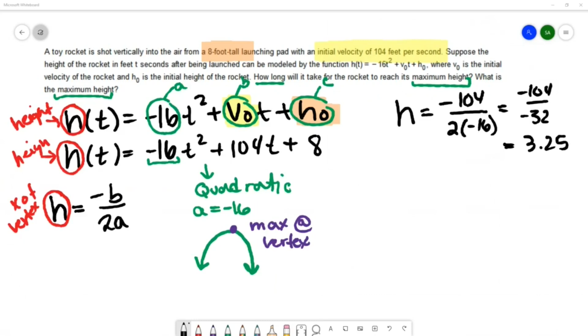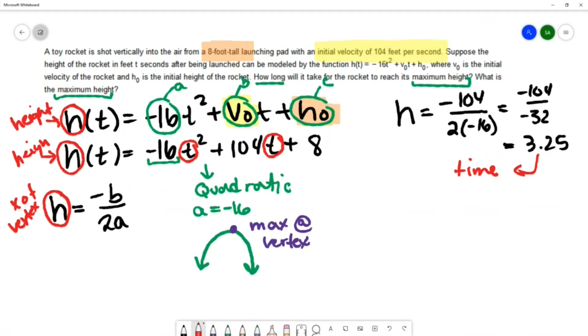So we found the x-coordinate of the vertex. In this particular problem, we're not using x as our variable, we're using t as our variable. So this represents the time. So it's going to take 3.25 seconds to reach the maximum height.